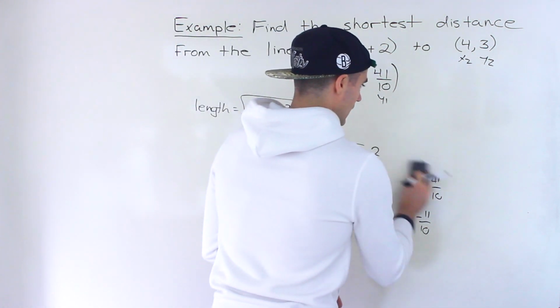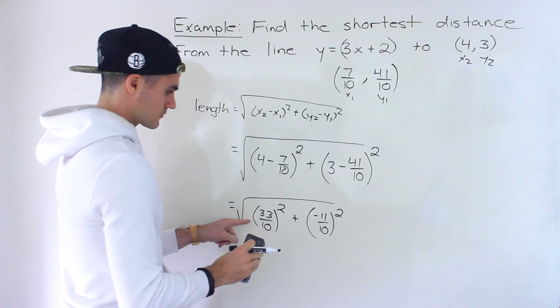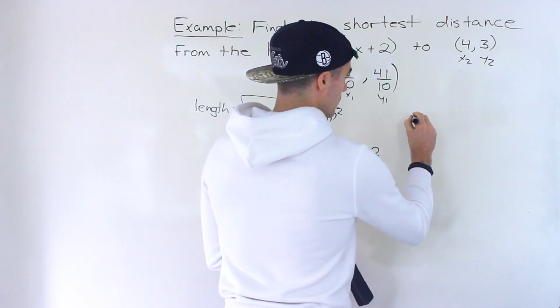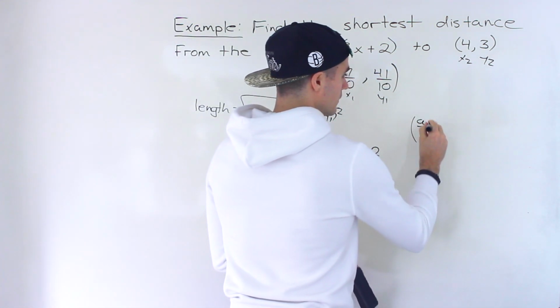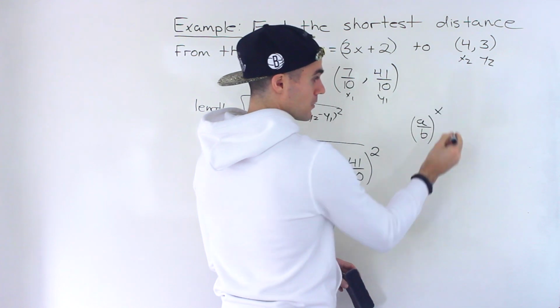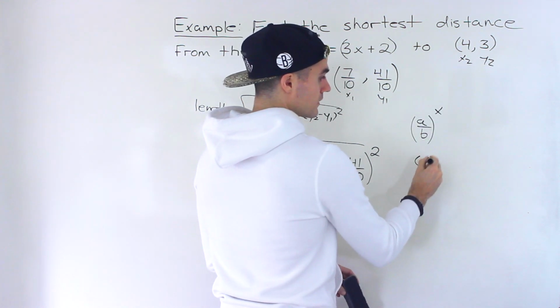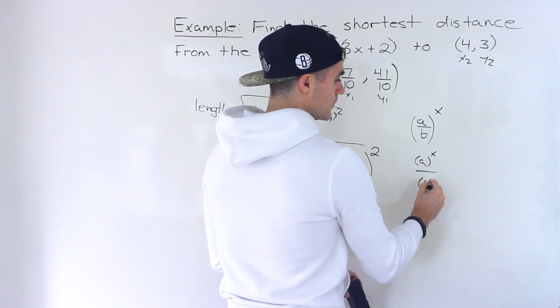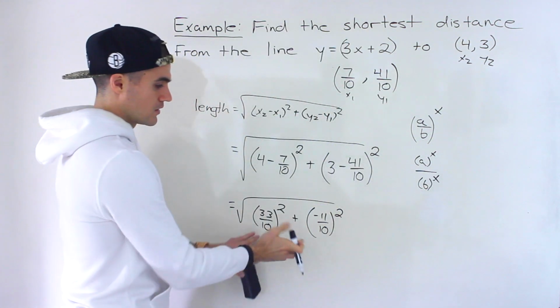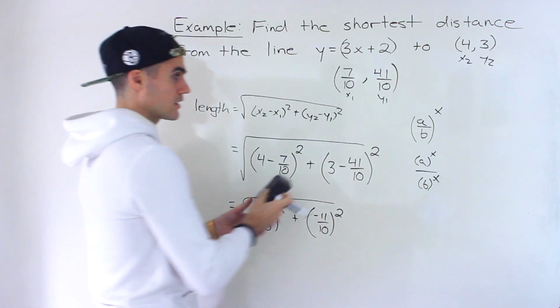So now from here, just as a quick review, whenever you have a fraction to an exponent, you could take that numerator to the exponent, and you could take that denominator to that exponent. So that's what we have to do over here.